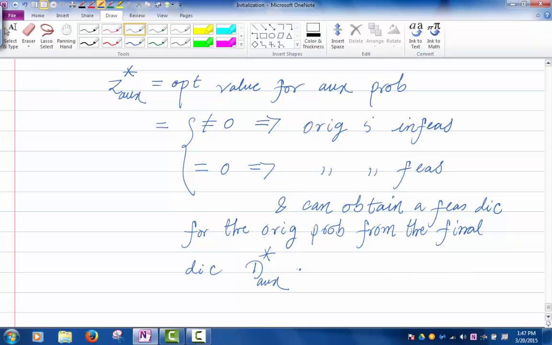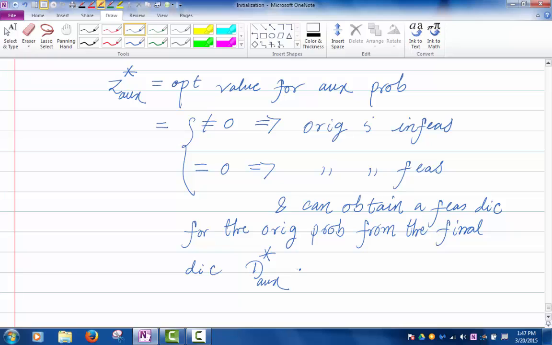And let me just say that I don't want to try to write down in phrases how you do that, but the idea is that in the final dictionary, X0 will always be the non-basic. You delete the column for it, you get the dictionary for the original problem, except that the objective row needs to be changed, right?